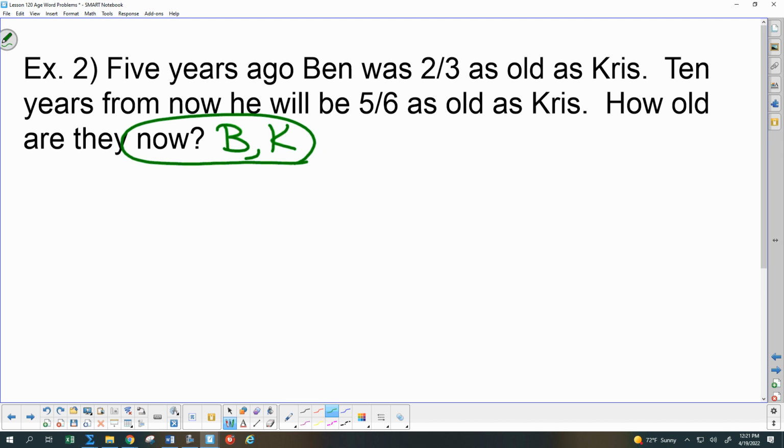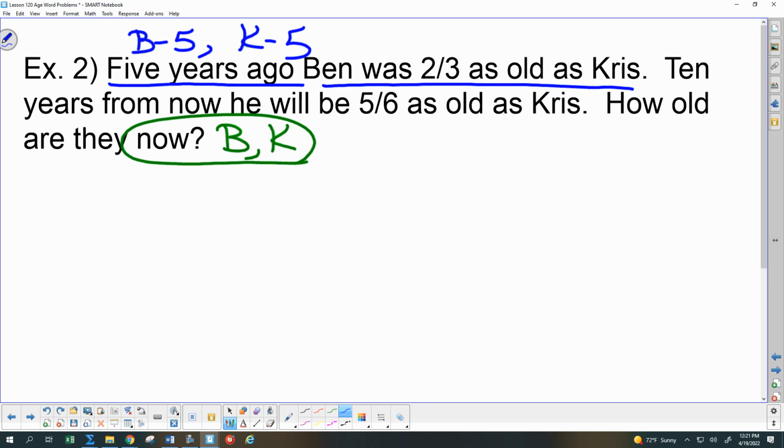So if I want 5 years ago, what do I need to do for their ages 5 years ago, Cooper? I need to subtract the 5. 5 years ago, they were B minus 5 and K minus 5. So if I've time traveled back 5 years, I have to use the B minus 5 and the K minus 5 to set up this relationship.